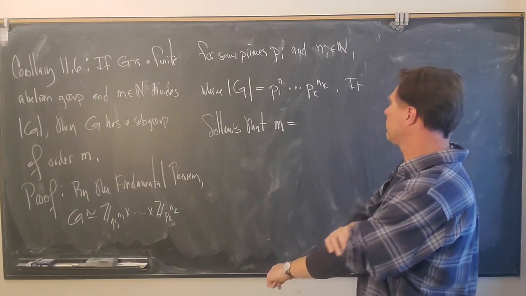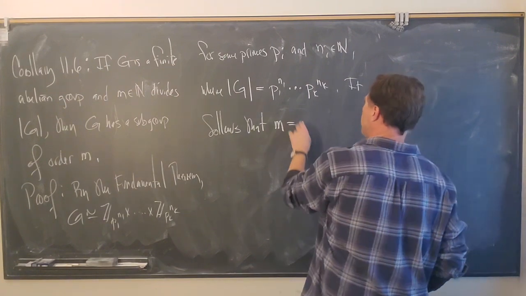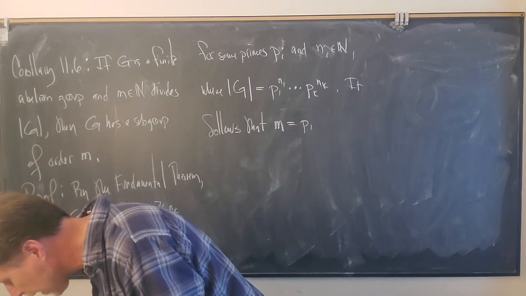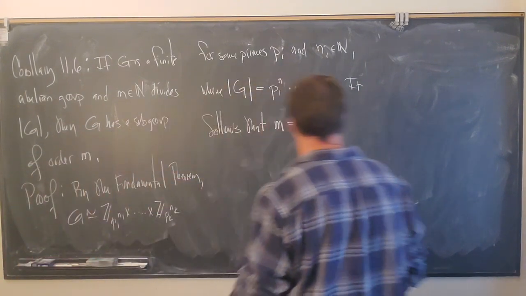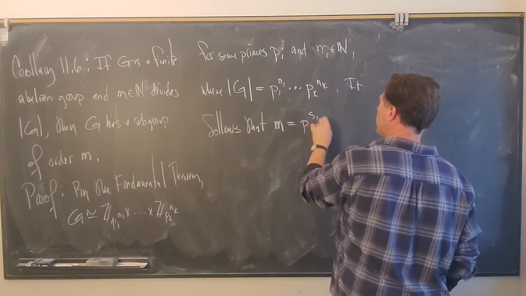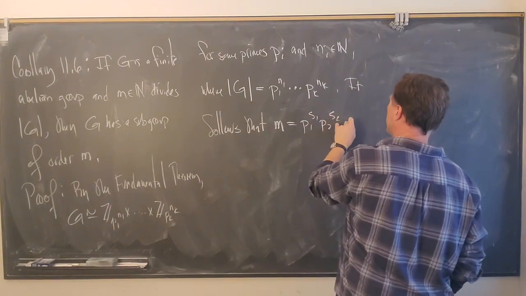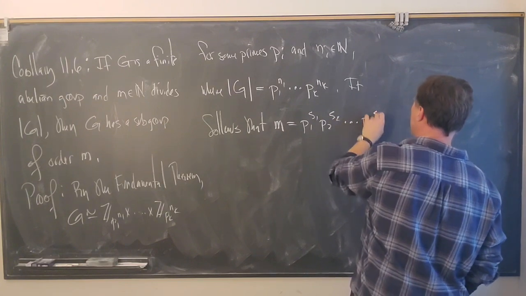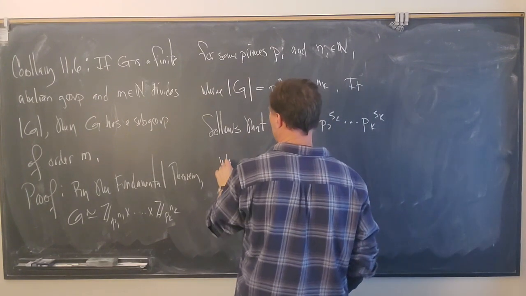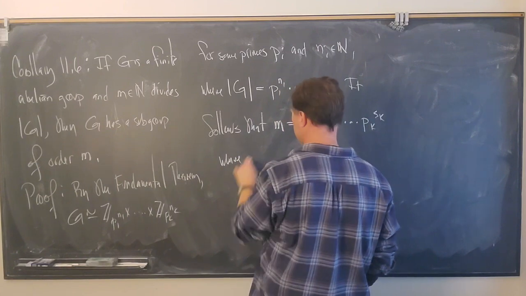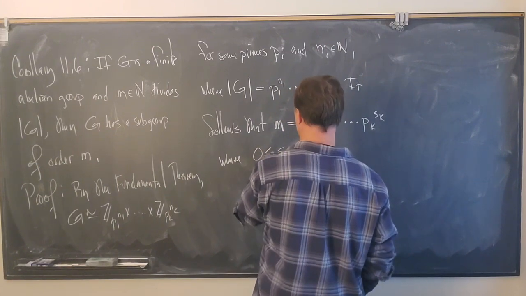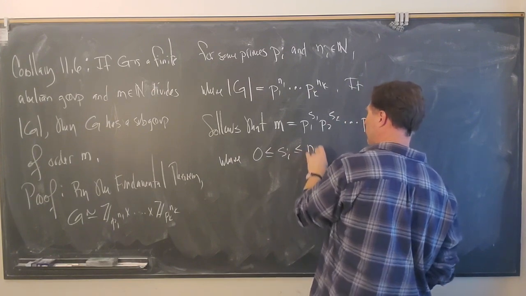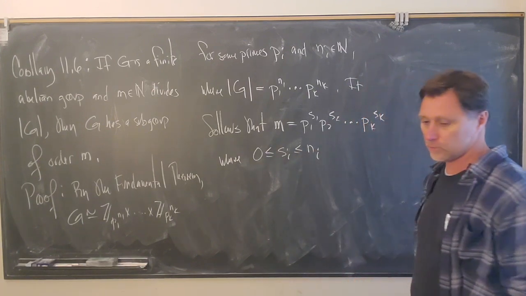So m is going to be p1 to the s1, p2 to the s2, dot dot dot, pk to the sk, where each of these s's is somewhere between 0 and the corresponding n.